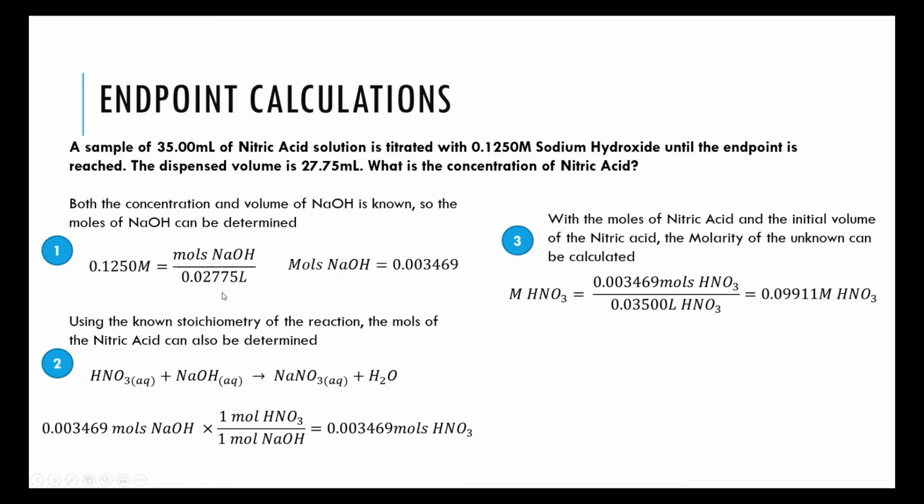From that, you can determine moles of that component, use the balanced chemical equation and multiply by the stoichiometric ratio to equal the moles of the other component. And now that you have moles of the other component and either volume or molarity, you can solve for that final missing piece of the puzzle.